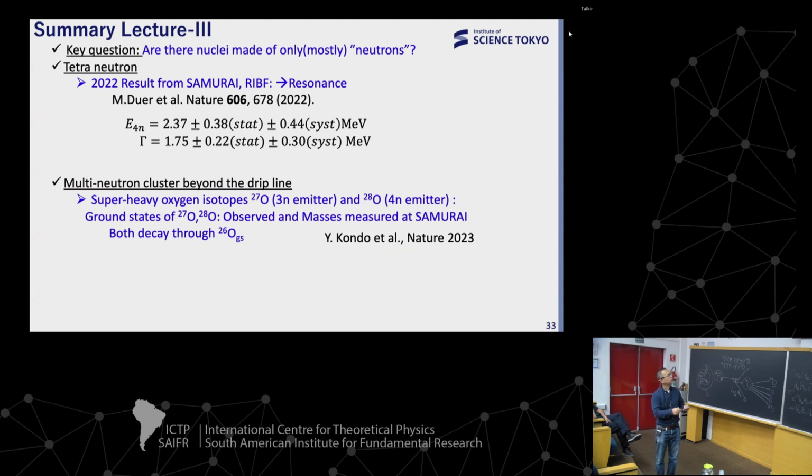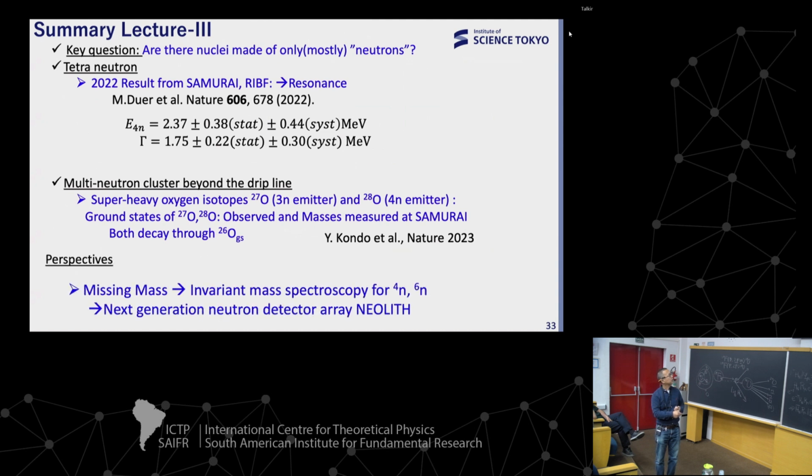We may have 4-neutron systems like oxygen-24. We observed oxygen-27 and 28, as I showed you, published in Nature. And perspectives are shown. Now we are moving from missing mass spectroscopy to invariant mass spectroscopy for 4-neutron systems and 6-neutron systems. And we are developing next generation neutron detectors called NEODIS.